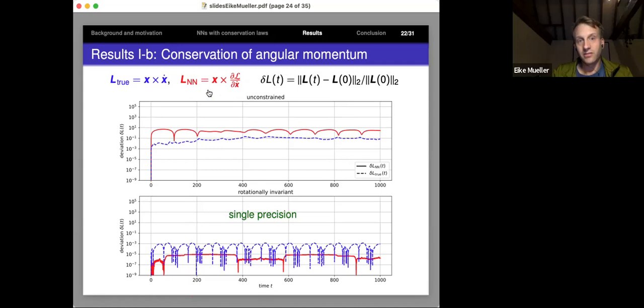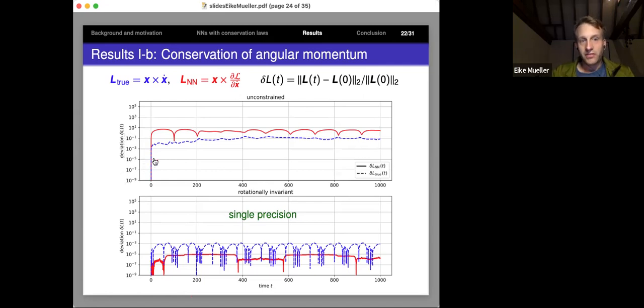And I computed the so-called neural network angular momentum, that's this quantity here. Then I looked at the time evolution of these quantities. I measured them at a given time t, compared to the initial time, and divided by the initial value of the quantity, just as a normalization.